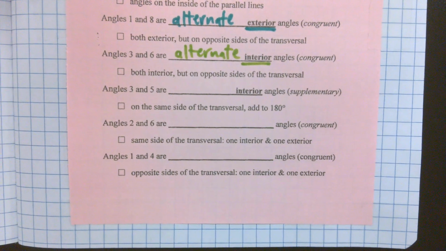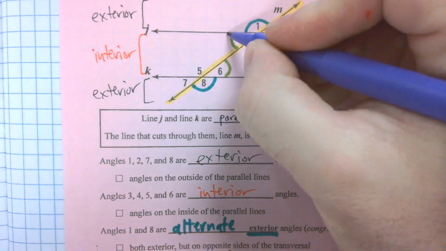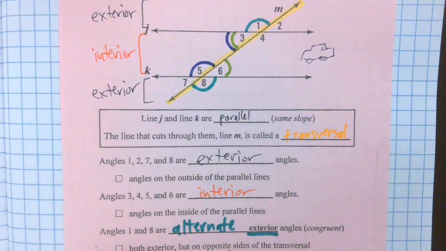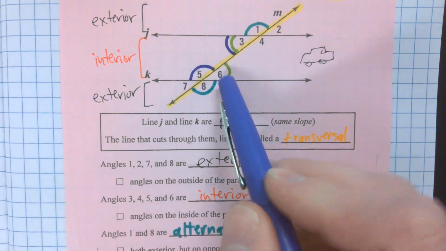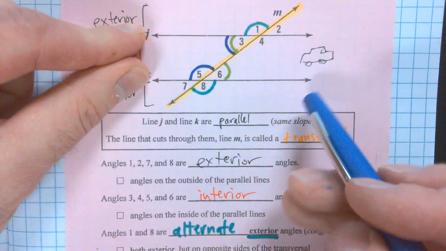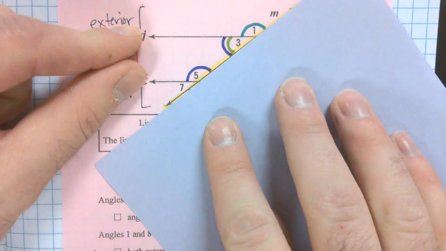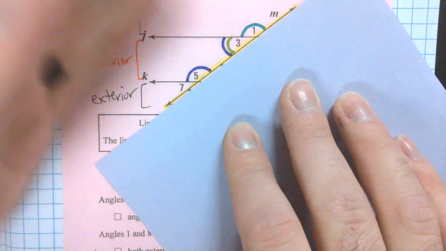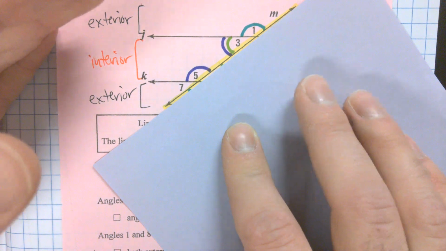Now let's look at angles 3 and 5. Here's angle 3. There's angle 5. Are those interior angles or exterior angles? They're on the inside. They're on the interior. But if we take a look at these ones now, in purple, angles 3 and 5 are both to the left of my transversal.